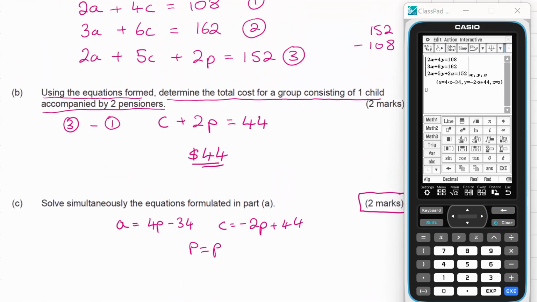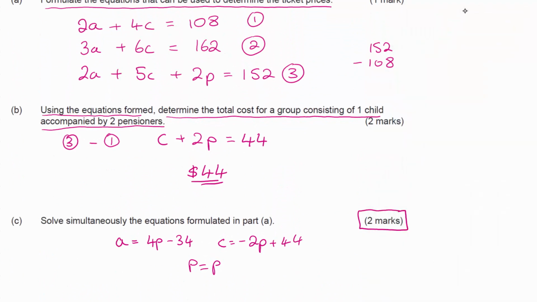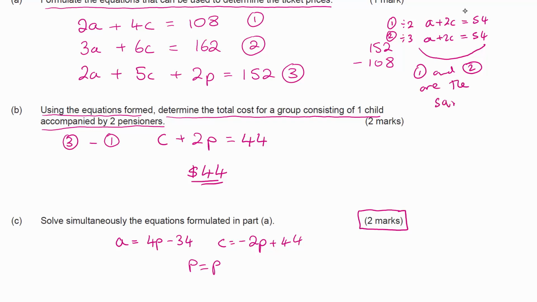I'm just going to go back up here for a moment. And if I take equation 1 and divide it by 2, I get A plus 2C is equal to 54. If I take equation 2 and divide it by 3, I also get A plus 2C equals 54. So that is 1 and 2 are the same plane.